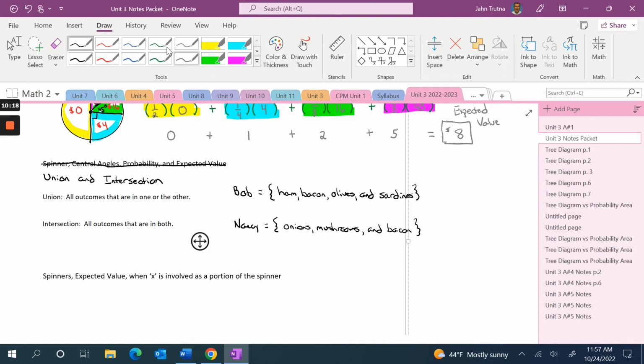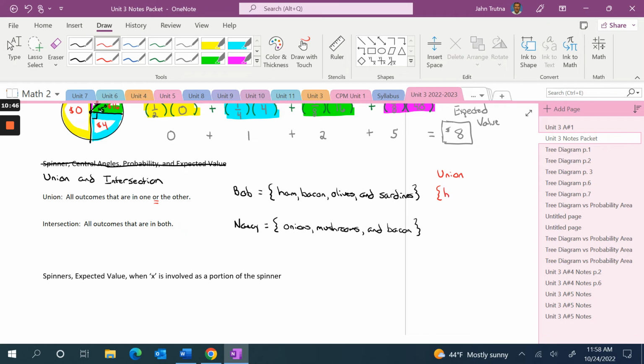So the union is all outcomes that are in one or the other. So if I said, what is the union between Bob and Nancy's toppings? The union would be everything that Bob likes as a topping, or all outcomes in one or the other, or everything that Nancy likes as a topping.